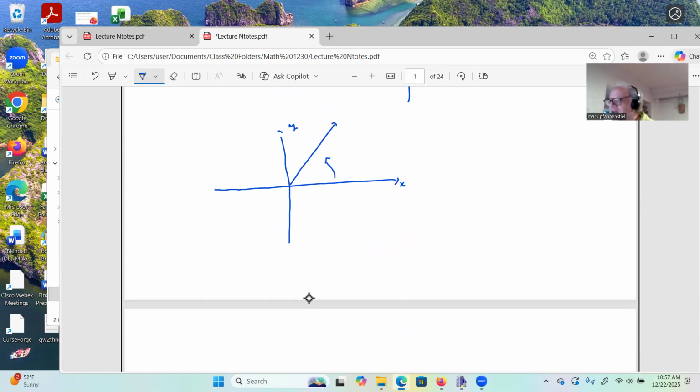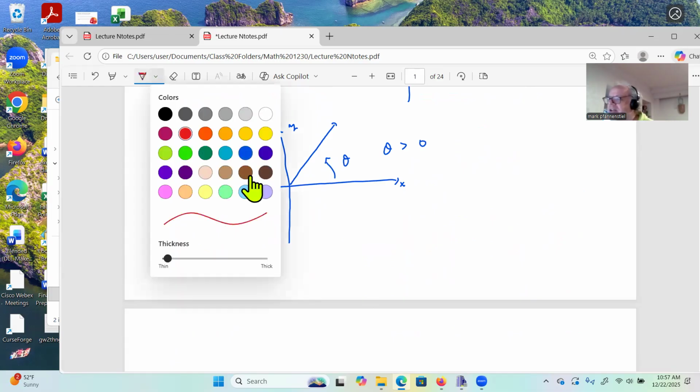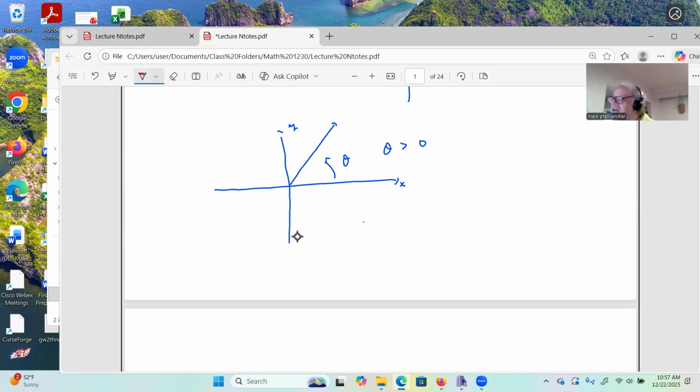So whatever my angle theta is going to be, it's going to be a number that's greater than 0. We've gone counterclockwise. We could also go in a negative direction. We'll put those in red, like accountants do. So negative numbers are in red for them. We can go clockwise, and then whatever angle this is, we'll say that's phi, that's going to be less than zero.